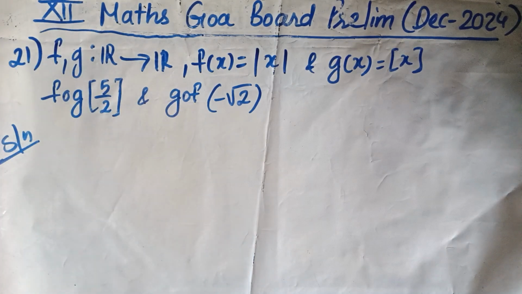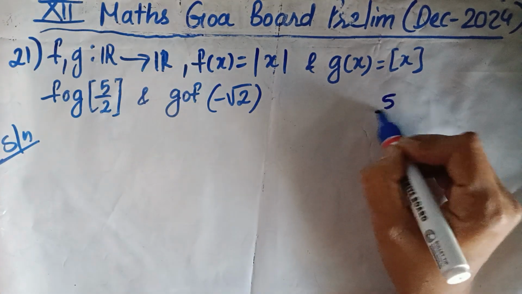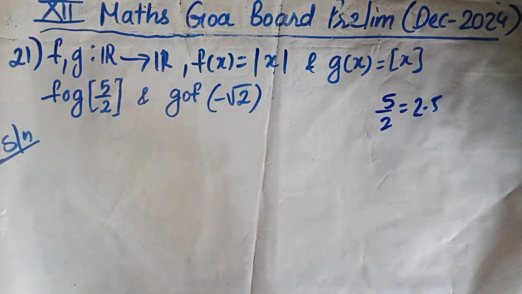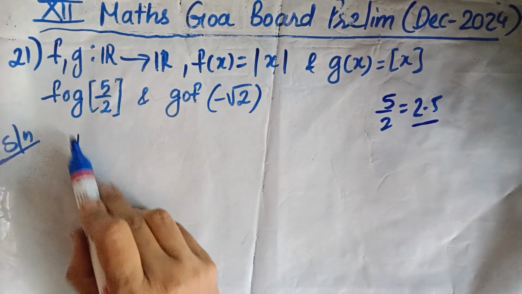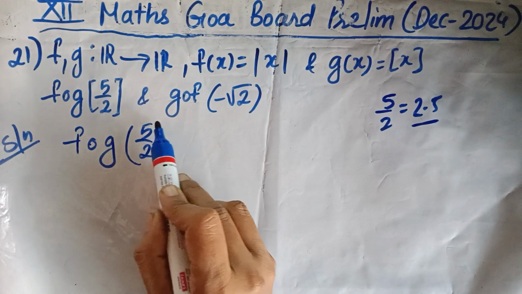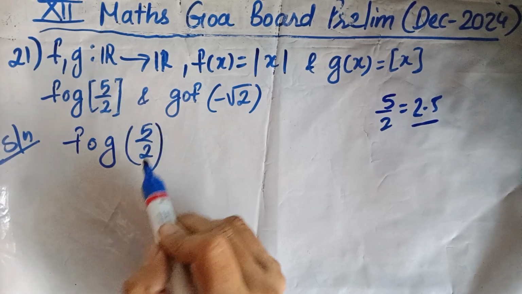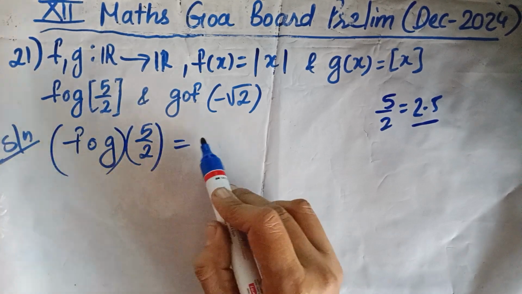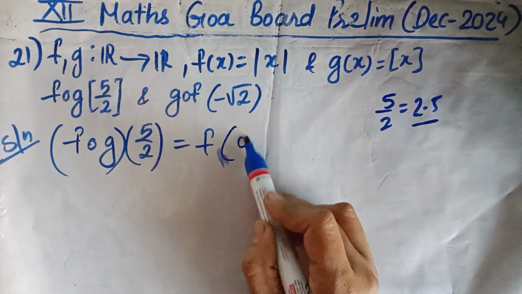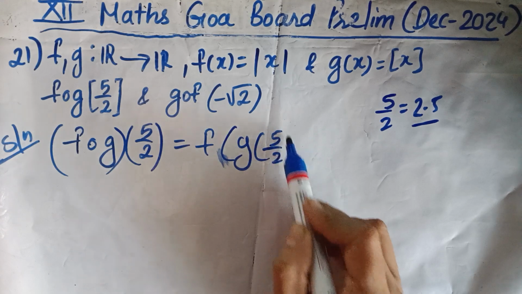Now 5 by 2 is nothing but 2.5, right? So the greatest integer which is less than or equal to this is 2. So first we'll write f composite g of 5 by 2. This is f of g of 5 by 2.